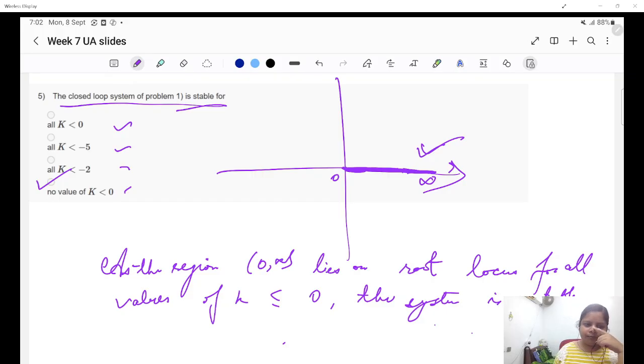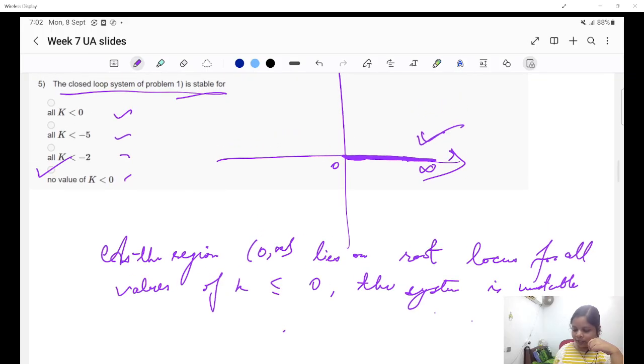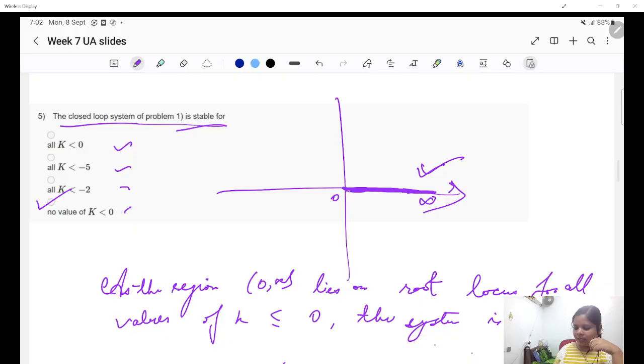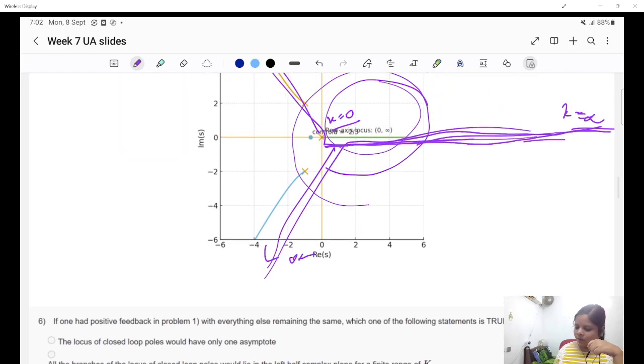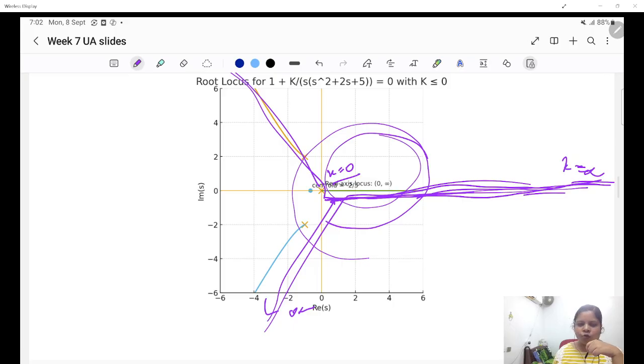Okay. When it is given, closed loop stable system for... So it is not stable for any value of k, because we are in this right half of the s-plane forever. Got it? See, we are always in the right half of this s-plane for the k value corresponding to s is equal to 0.